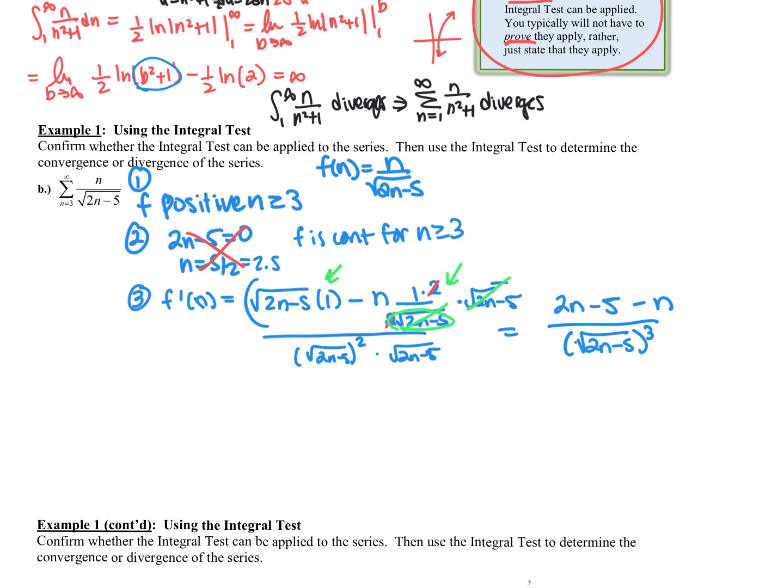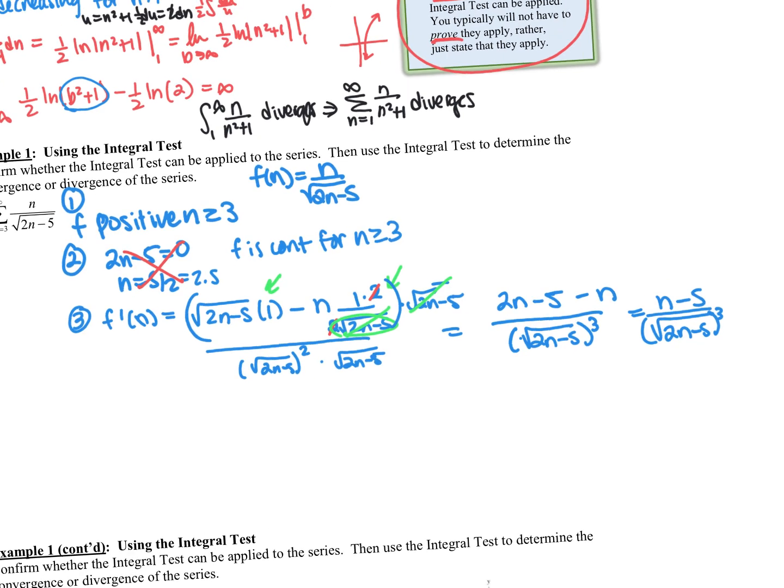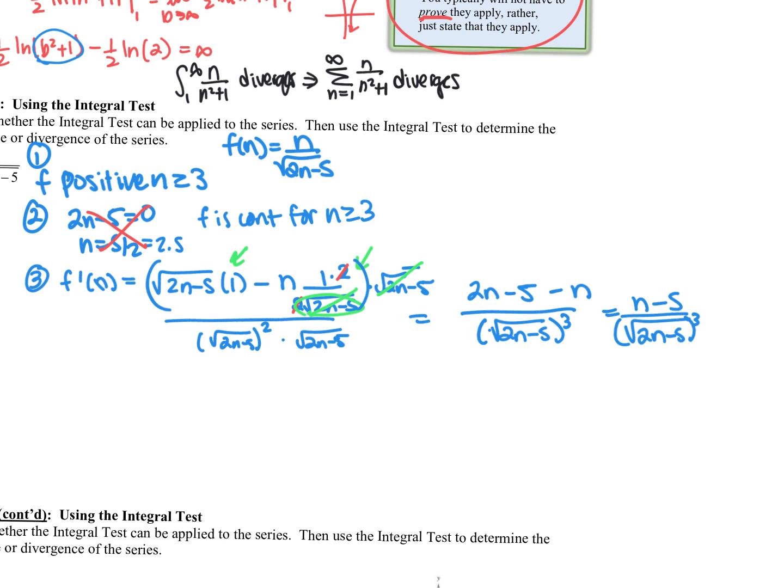So we multiplied the whole top by the square root of 2n minus 5 and the bottom by square root of 2n minus 5. And so then we'll end up with just n minus 5 over the square root of 2n minus 5 cubed.